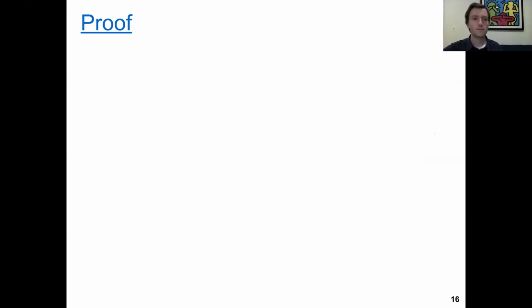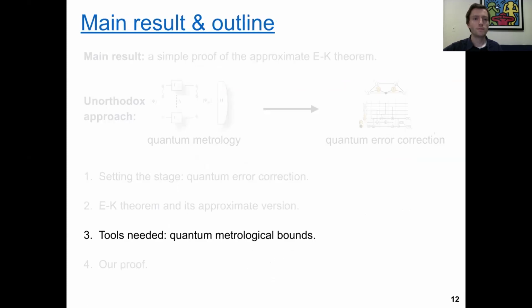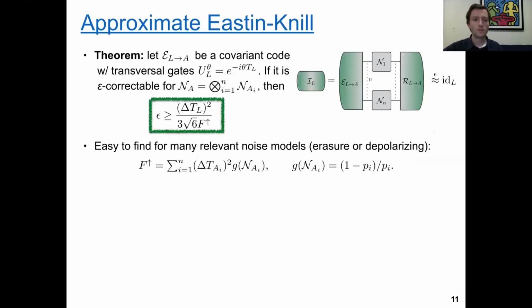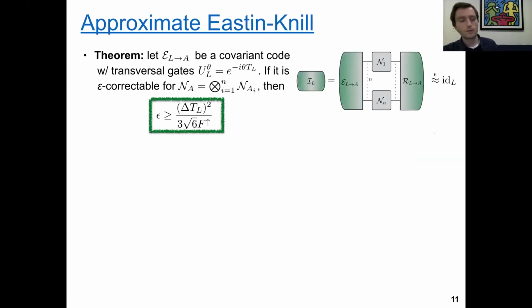So let's see. The statement of the theorem is as follows. We have some code which has transversal gates, and then we know how well this code can perform.